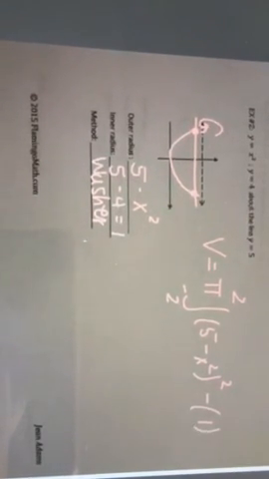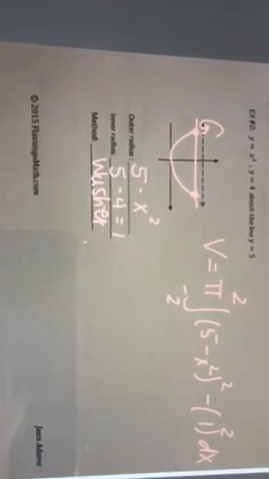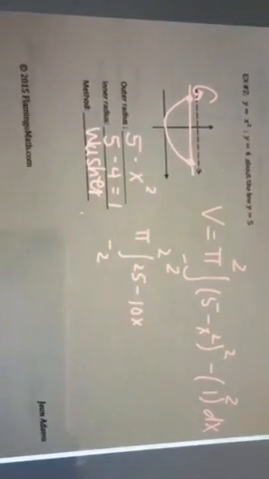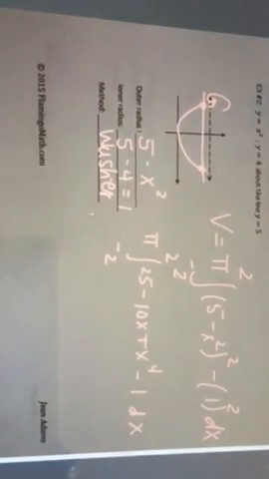And again, our method is washer. So our volume here will be pi, our x values here and here, negative 2 to 2, of our outer function, 5 minus x squared, squared, minus our inner function squared, dx. Simplifying would give us 25 minus 10x squared plus x to the 4th minus 1 dx.